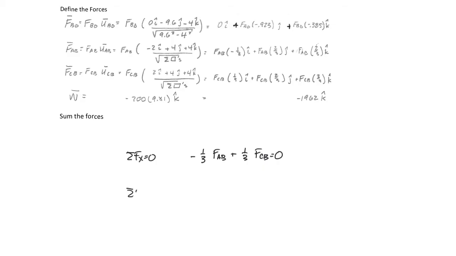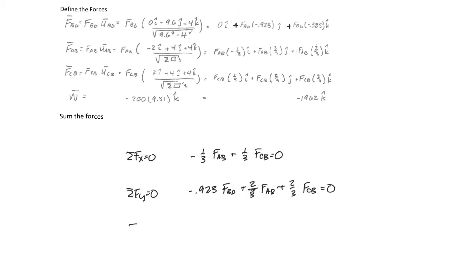Sum of the forces in the Y, and that would be negative 0.923 FBD and positive 2/3 FAB, and then positive 2/3 FCB.